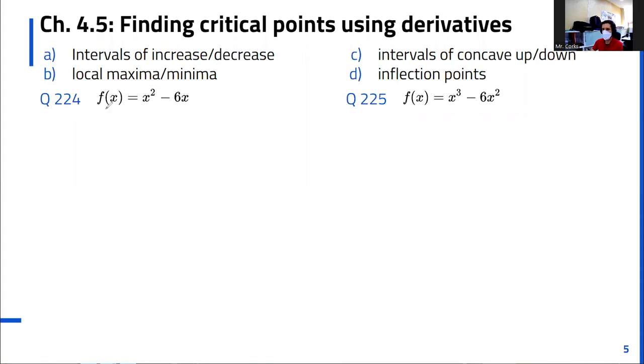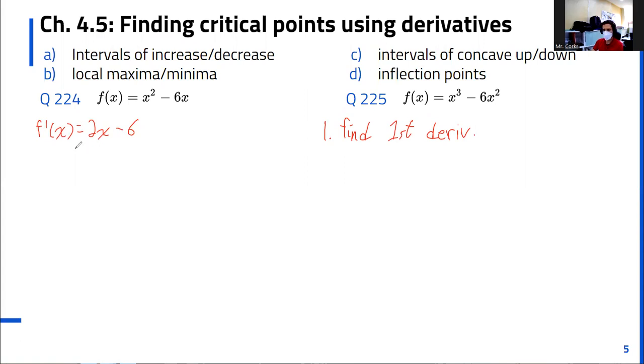Okay. First one, so our process here, just so we remember, number 1, find the first derivative. All right, first derivative here is just f prime of x, x squared turns into 2x, and 6x turns into -6.